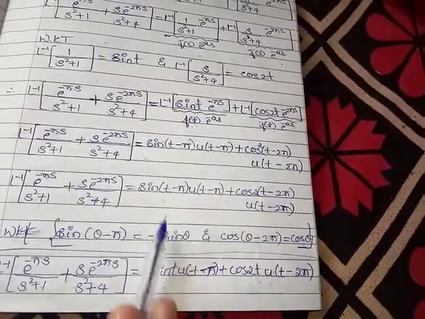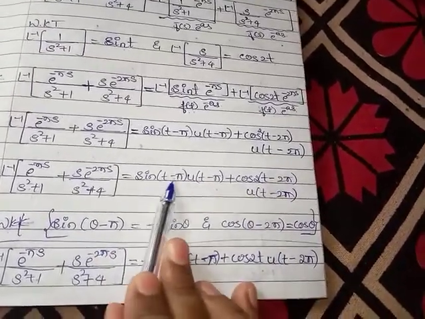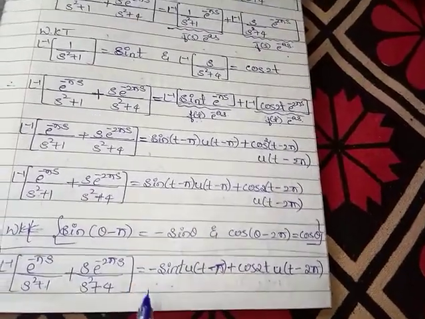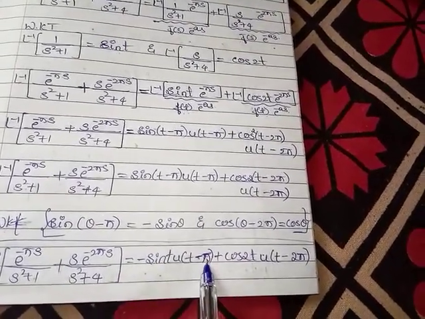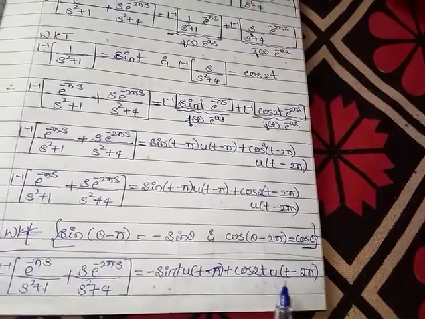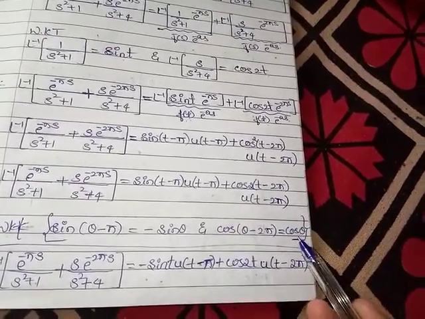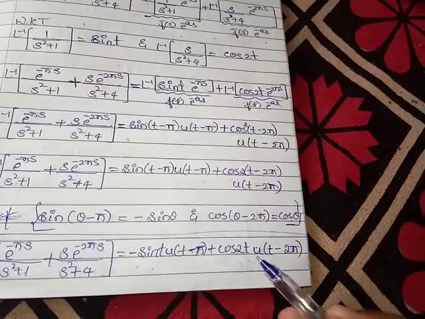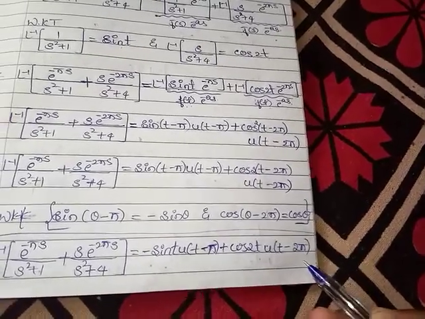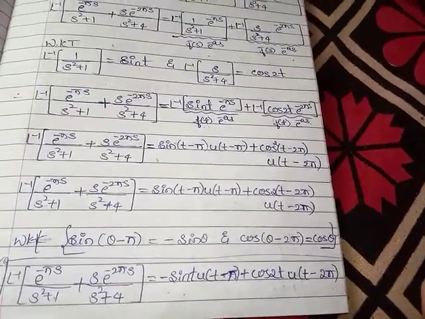Write this result here. We get sin theta minus pi, here theta is t, therefore it is minus sin t into u of t minus pi plus cos 2t into, here theta value is 2t, therefore it is cos 2t into u of t minus 2 pi. This is the required result for the given function.